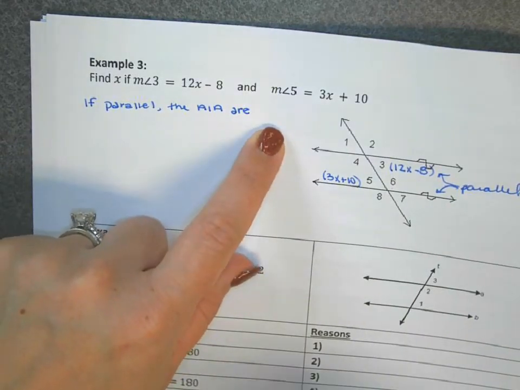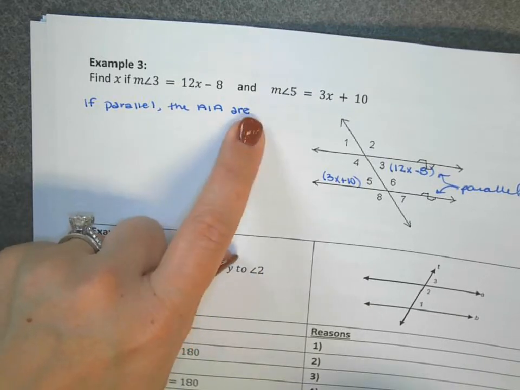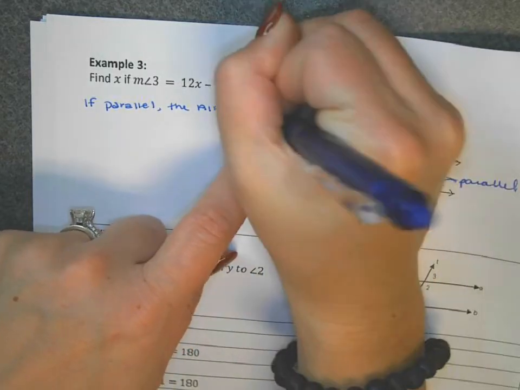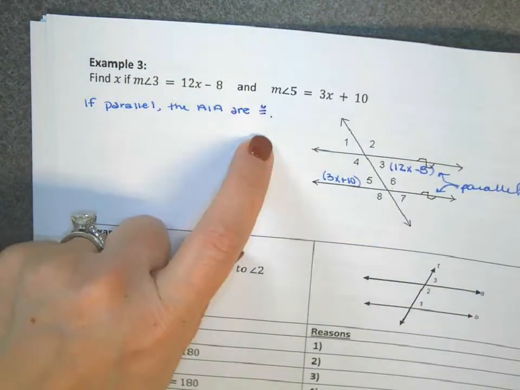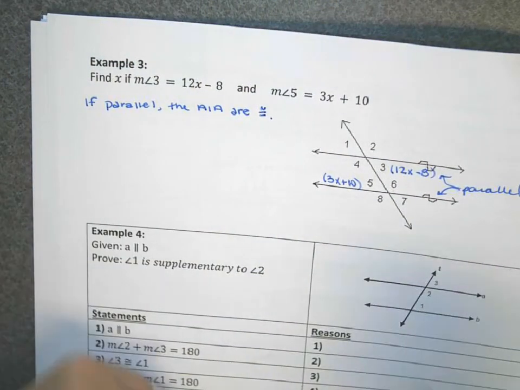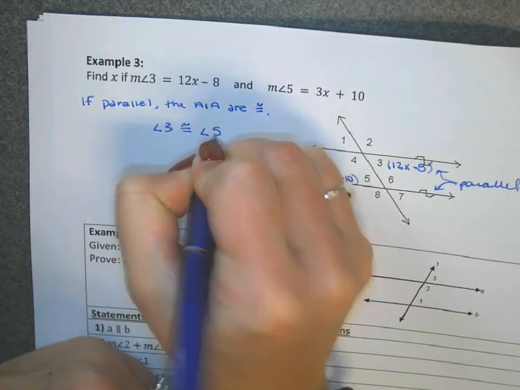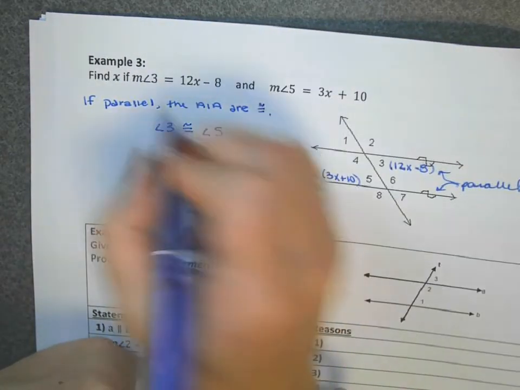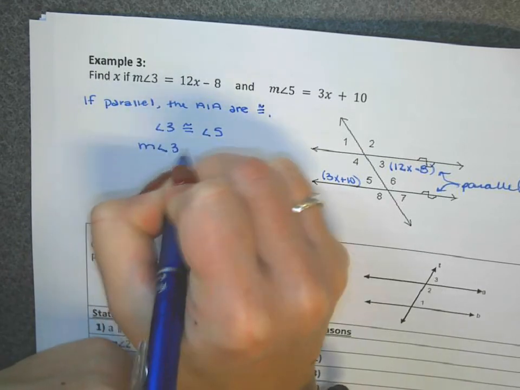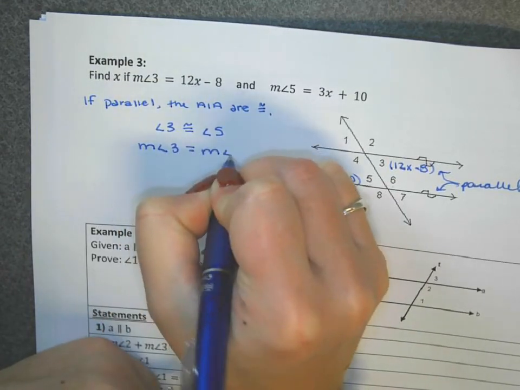Angles are not equal. Angle measures are equal, but if I'm talking about angles, they are congruent. Okay, so that means angle 3 has to be congruent to angle 5. If angles are congruent, then the measure of angle 3 has to equal the measure of angle 5.